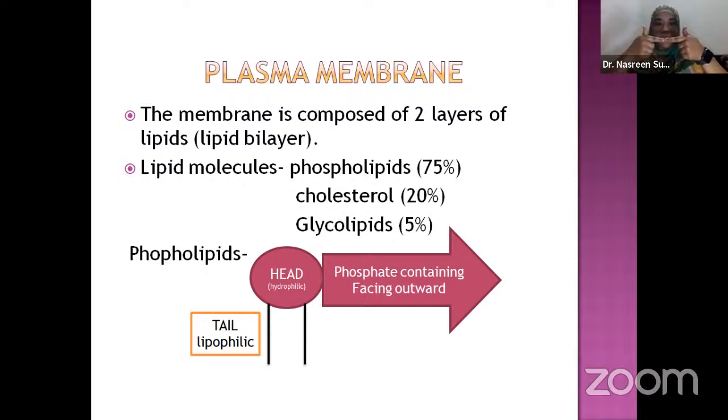Like this, they will be attached. Two layers, lipid bilayer, one layer external, one internal. Now the tail will be lipophilic in nature, which means it is lipid soluble.